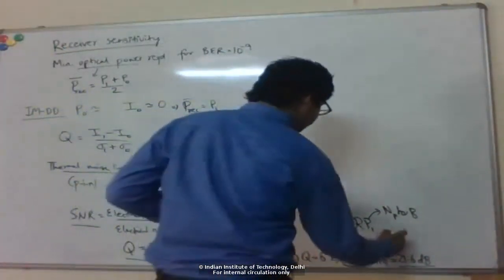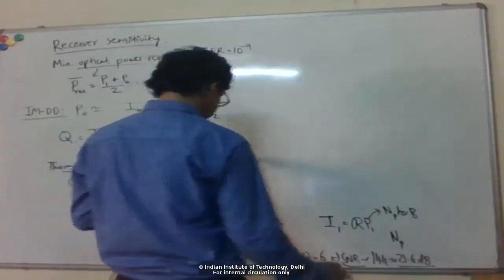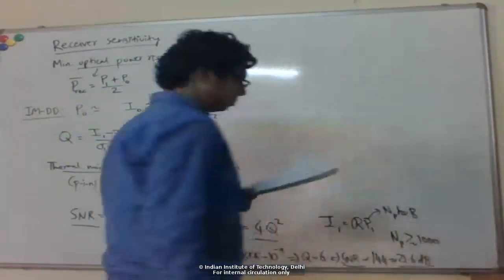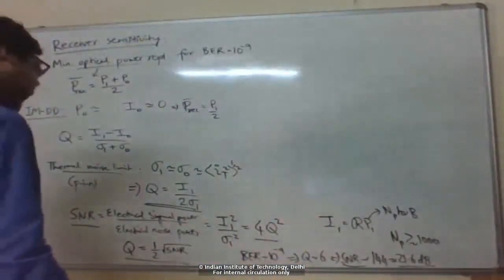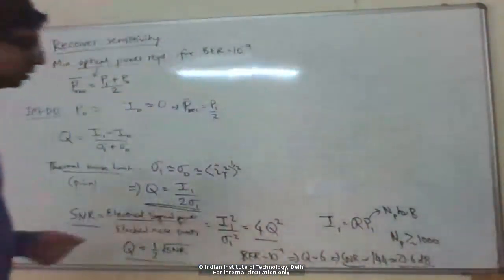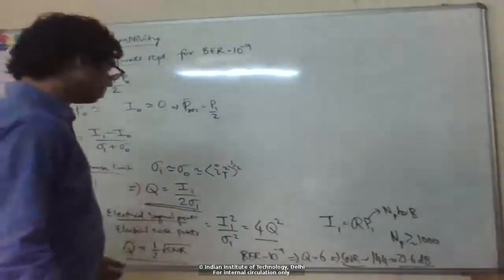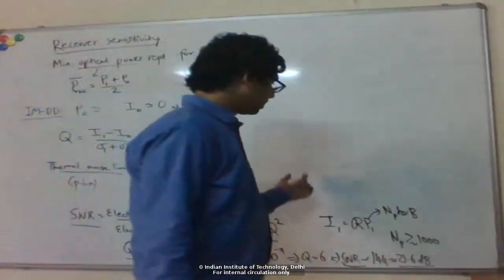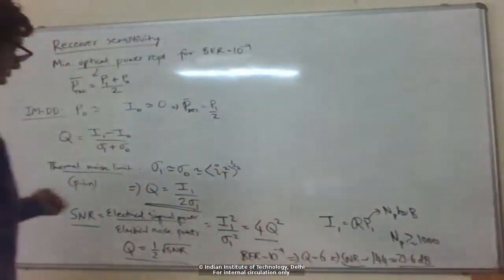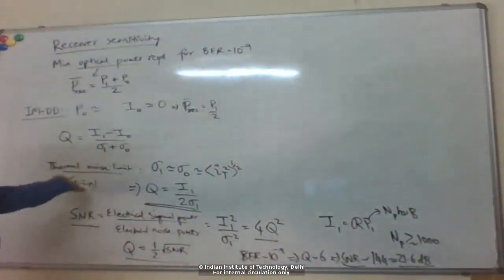For this SNR, the number of photons comes out to be 1,000 or more. We discussed this briefly in the last class also, through a different calculation. So in terms of number of photons per bit, the receiver sensitivity turns out to be roughly 1,000 photons for bit error rate 10 to the minus 9, if you are operating in the thermal noise limit with an IMDD link using a PIN detector.